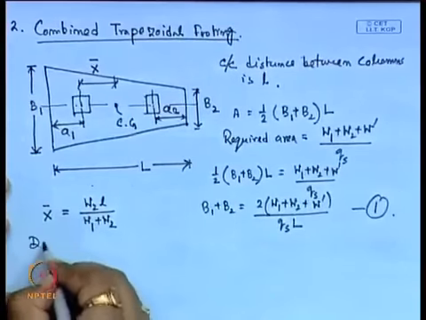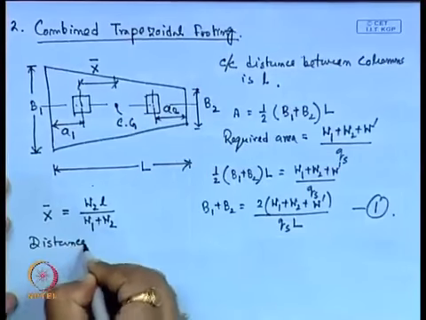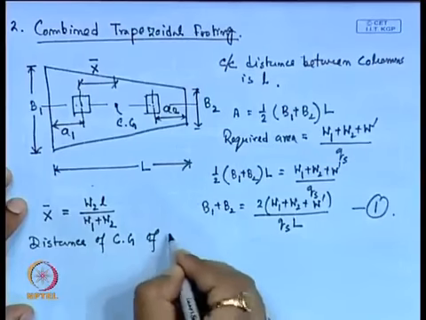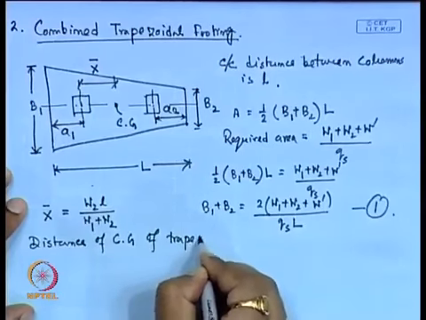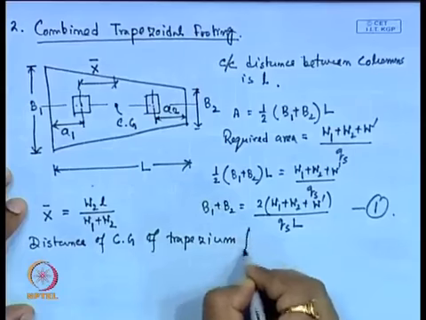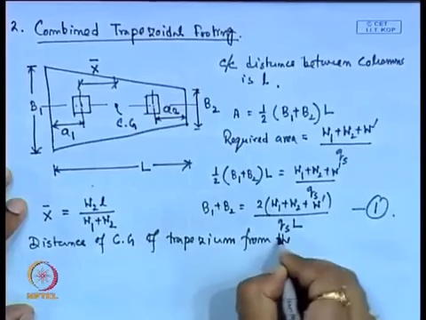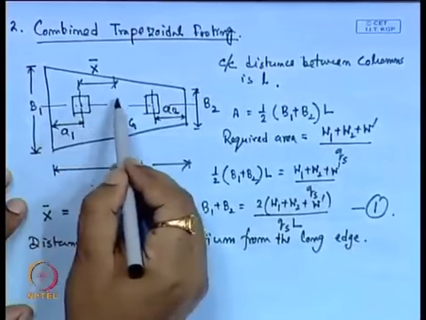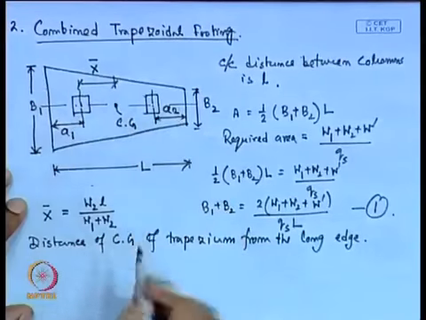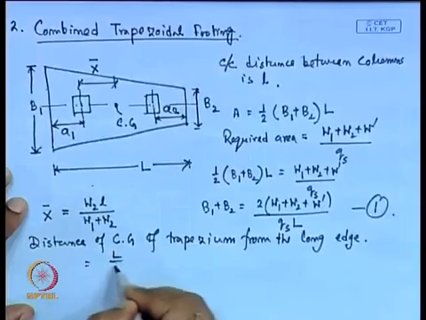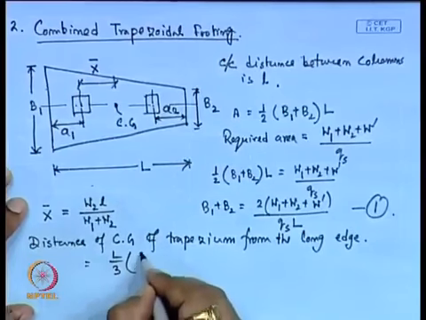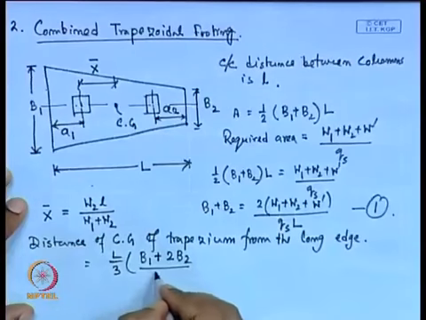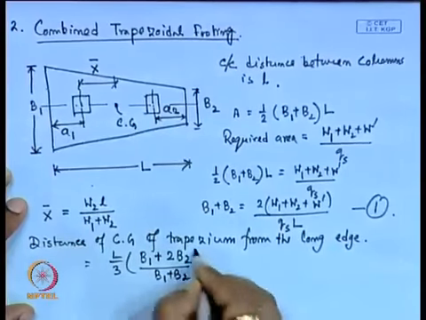Now the distance of the CG of the trapezium from the long edge can be written by the expression L by 3 into (B1 plus 2 B2) divided by (B1 plus B2).